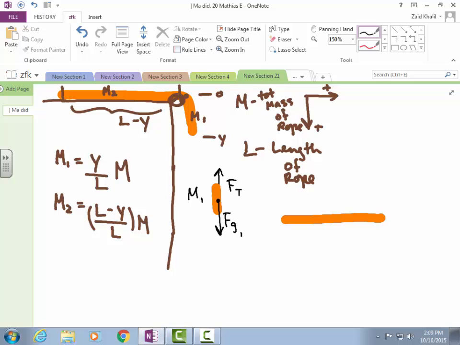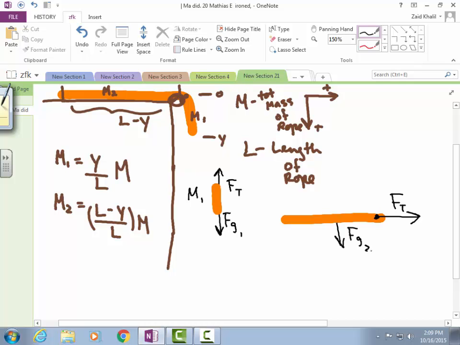Then we'll do the harder treatment. So we apply Ft to the right. What else? We have gravity, Fg2. And what else? Normal force, Fn. Any other forces acting on this?